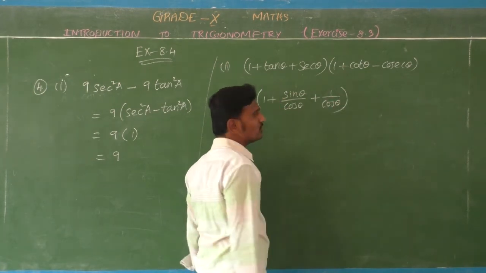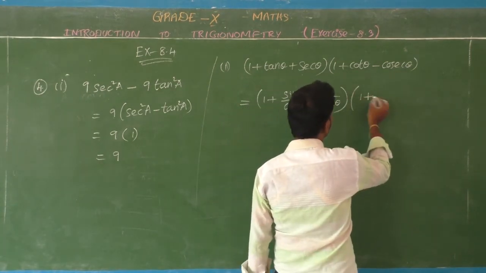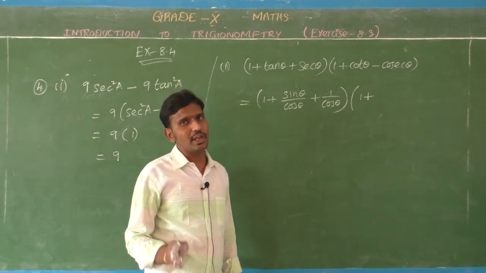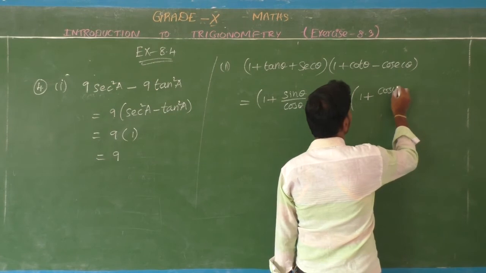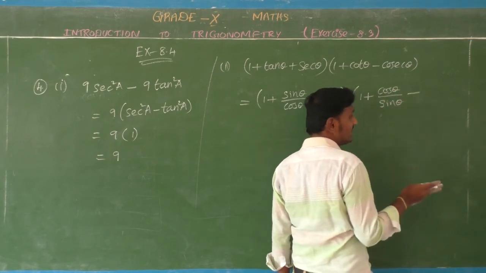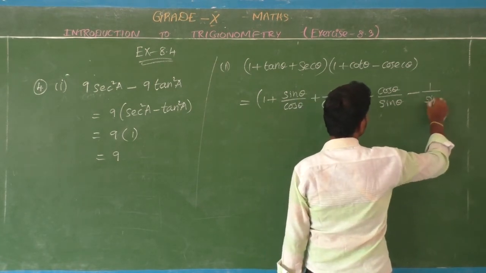Like that I am going to substitute. And in the second bracket also, 1 plus cot theta. I already told you cot theta is the ratio of cos and sin. So 1 plus cos theta by sin theta minus cosecant theta, which is the reciprocal of sin, so 1 by sin theta.